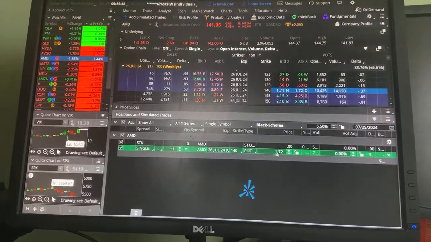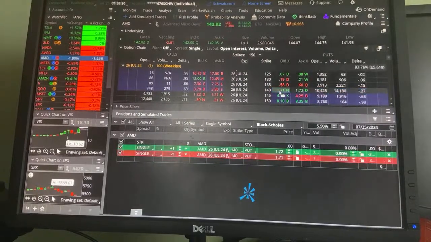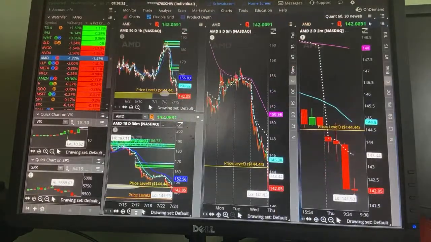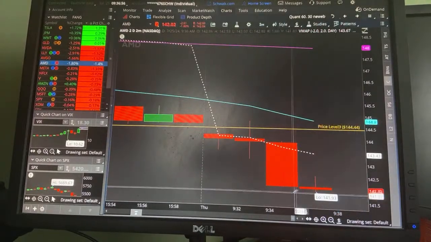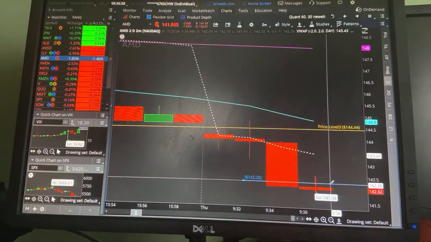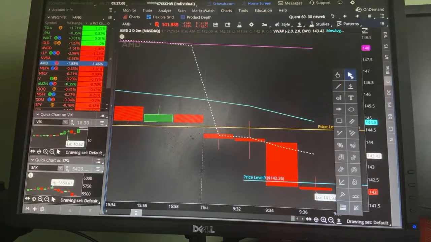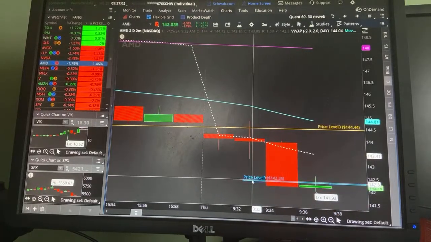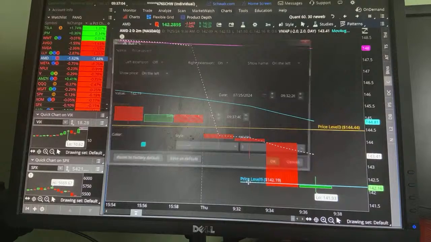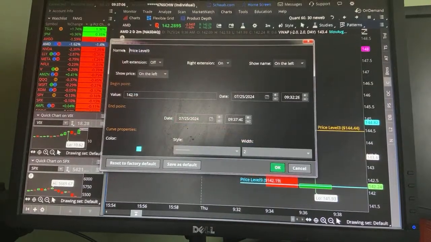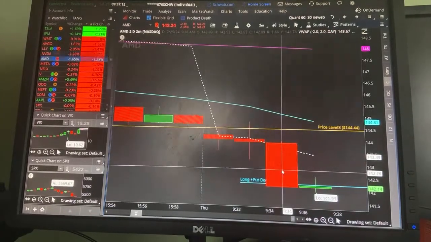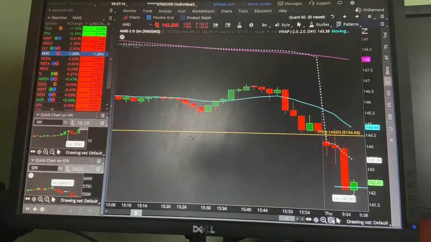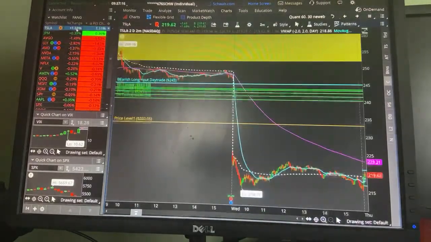All right, 1.72 fill is what I bought these puts for. Okay, long put, bearish. Off this negative COG, or wide range bar. All right, put that line there to represent that.